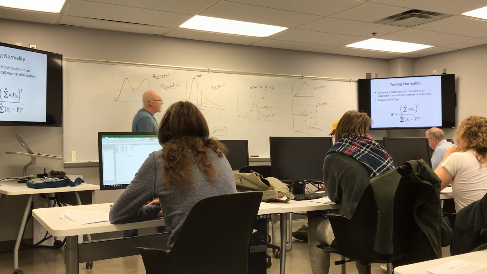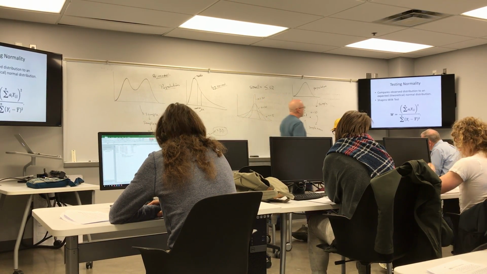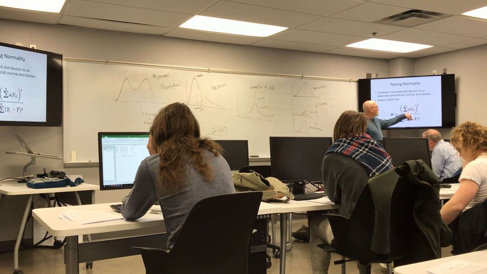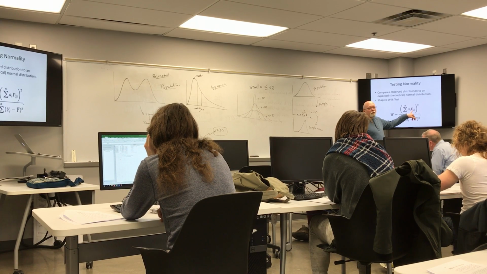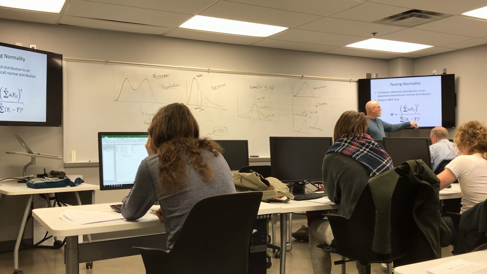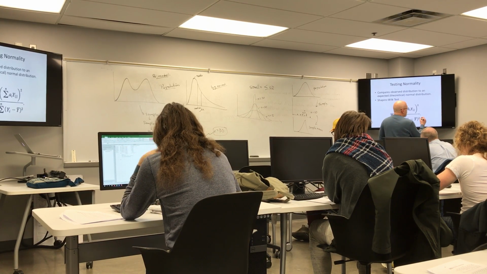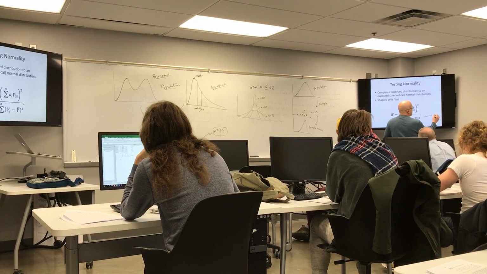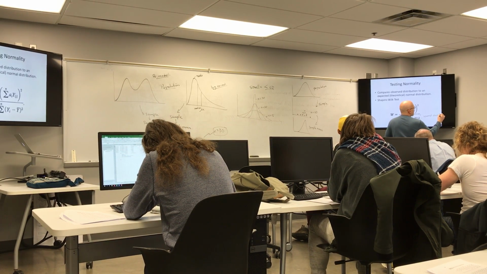So you calculate Shapiro-Wilk using this equation. It's the sum of some coefficient multiplied times the observed value, divided by the sum of the observed value minus the mean, squared. Once again, this is a squared deviation from the mean.